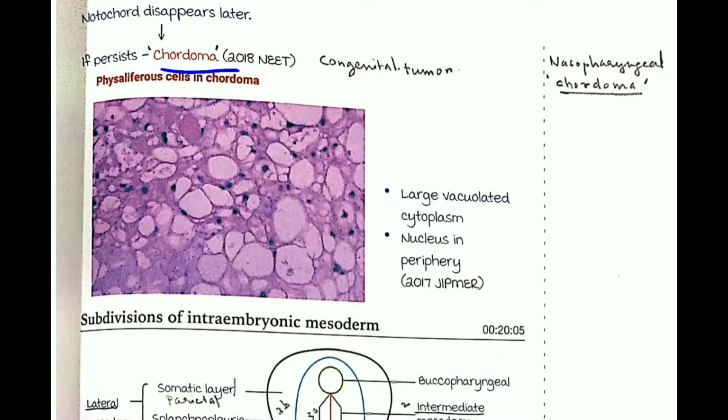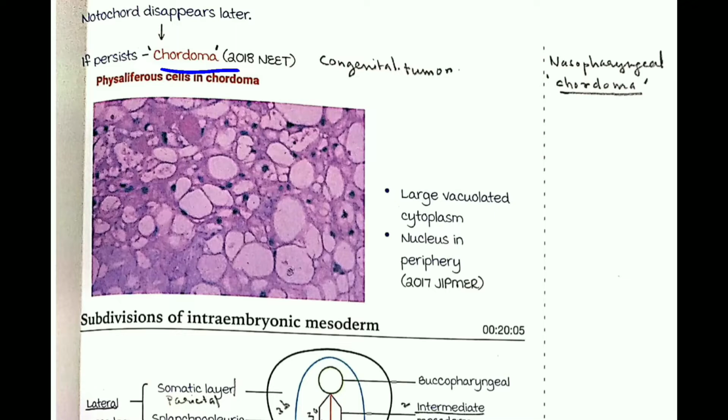So chordoma is a congenital tumor where there is a persistence of notochord, and if any word is added to chordoma, like nasopharyngeal chordoma or whatever chordoma, when the word chordoma comes, it is to be understood that it is because of the persistence of notochord.